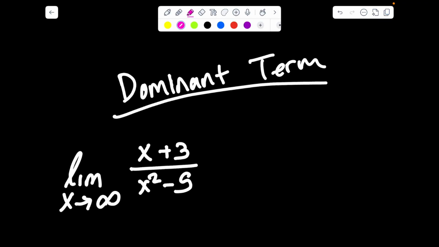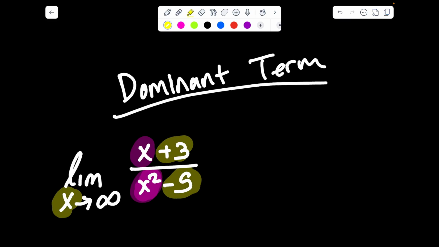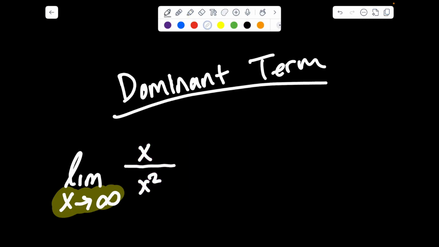Similarly, if the dominant term is x on the top and x squared on the bottom, because the dominant term overpowers in the bottom, keep in mind that this 3 and this -5 will be negligible as x goes to infinity. It's almost as if we have x over x squared because the 3 and the 5 are negligible.